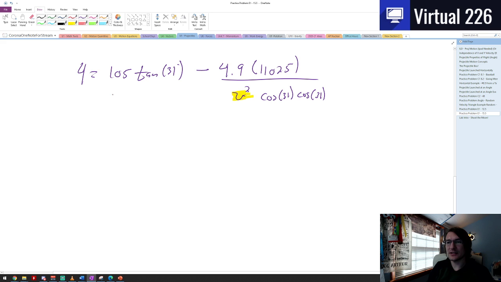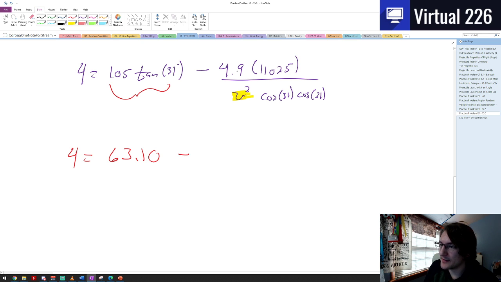What I'm going to do here is 105 times the tangent of 31. That is a number. So I'm going to have 4 equals, and this is a number. 105 times the tangent of 31 is 63.1. Minus, and then let's take, what is our numerator up here? What is 4.9 times 11,025? So 4.9 times 11,025.